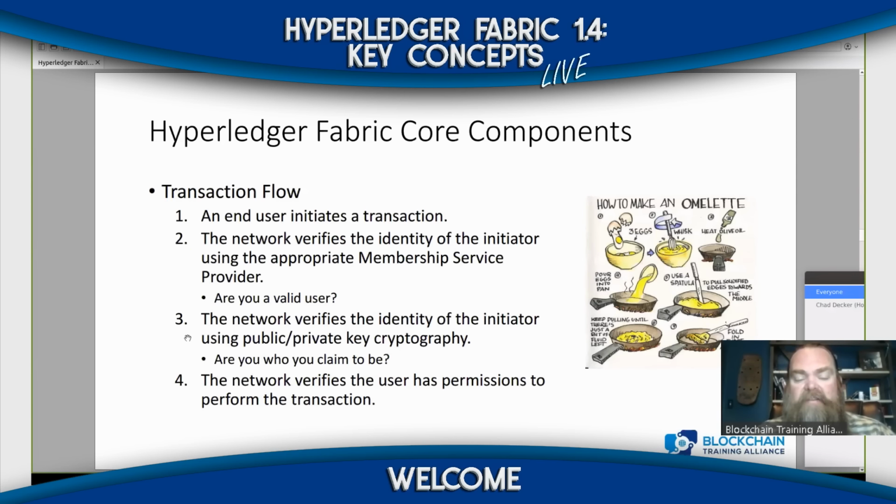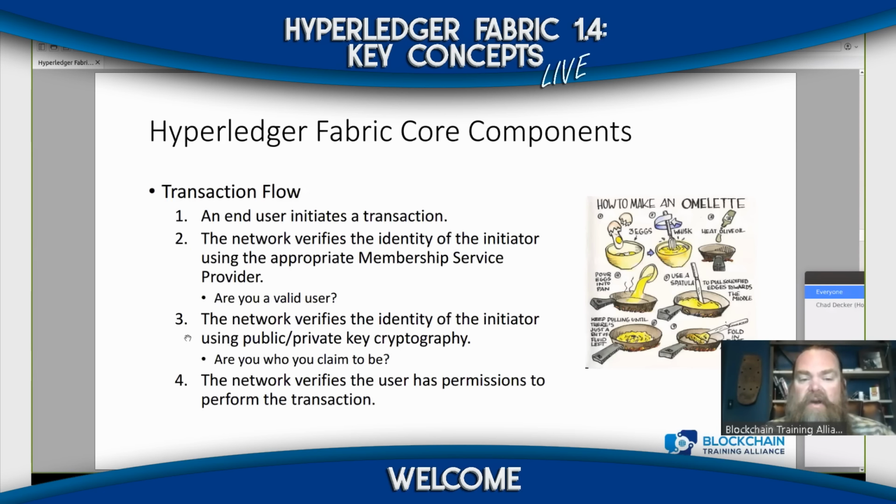We have one more check to do before we can go ahead and process that transaction. And that is, we need to make sure that this user, in this case Bob, actually has permissions to do that on this channel. So we know that Bob's a valid user. We know that you're Bob. Are you trying to do something Bob actually has permissions to do?